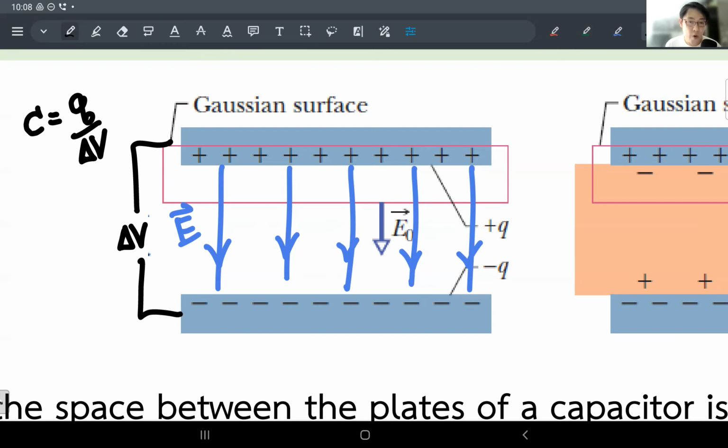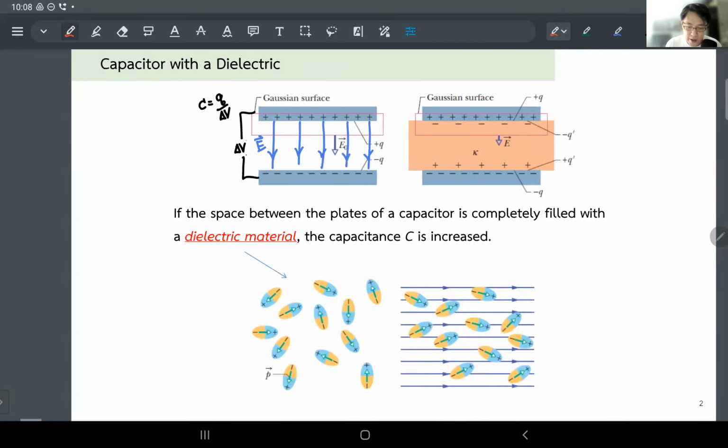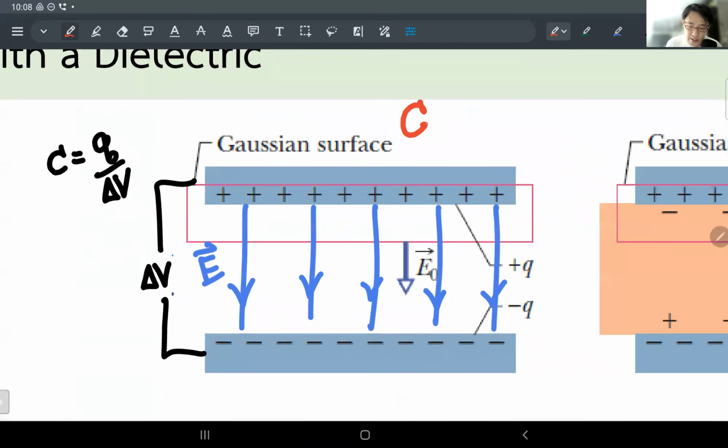If you would like to adjust the value of C, just particularly for this parallel plate capacitor, if you remember, I can write it down here. The C for this type of capacitor is epsilon naught, the area of the plate, over the distance between the plates.